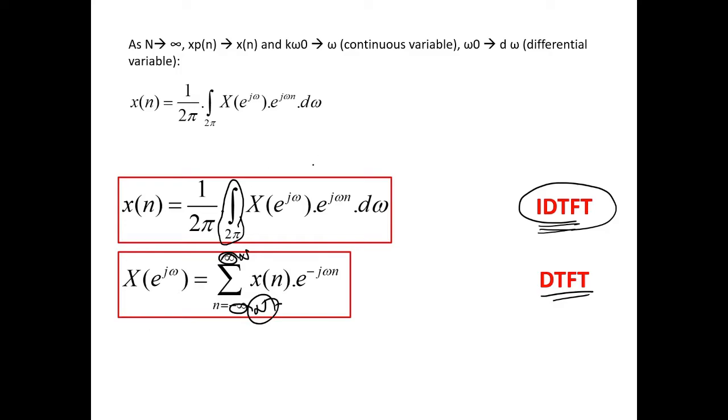Integral operator cannot be implemented in digital systems. Okay, then you have to do an infinite number of calculations. Summations are discrete operators. Okay, so forward transform you can do, but inverse transform, the digital systems will not be able to handle it because we have an integral operator. So that is the problem with the discrete time Fourier transform.